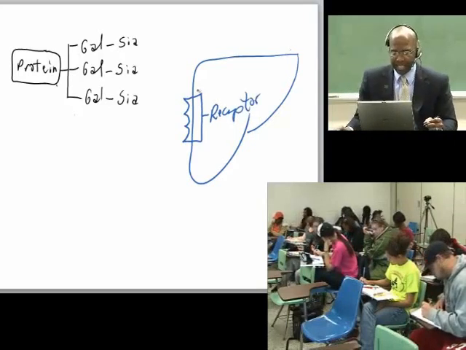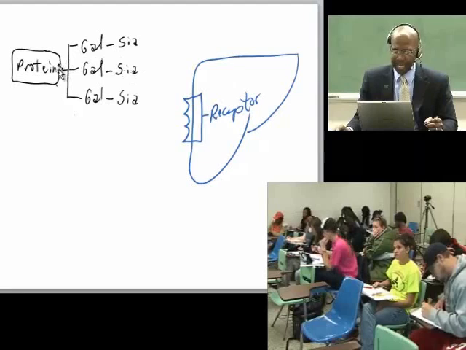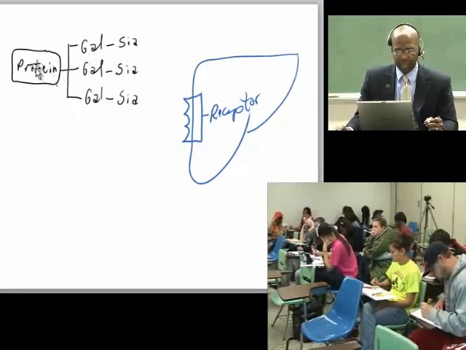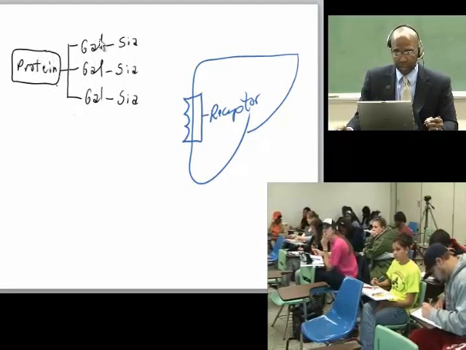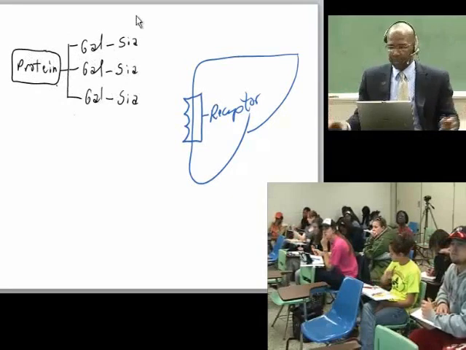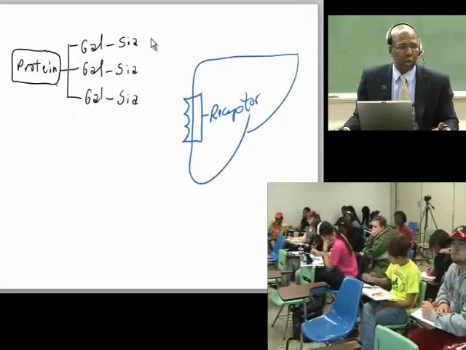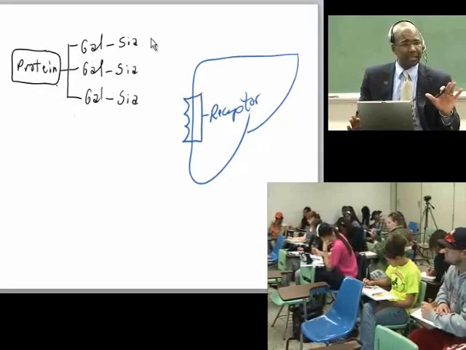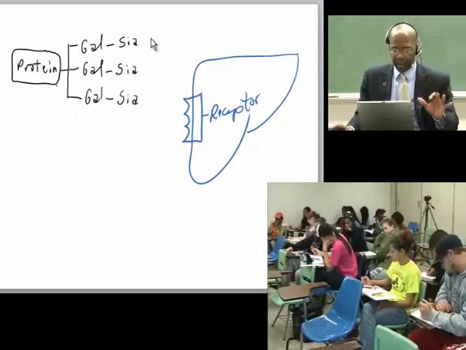But if those sialic acids are there, it can't recognize it. So once this protein gets to the liver, is the liver going to destroy this protein? No, it's not, because those sialic acid residues are there. Does that make sense?